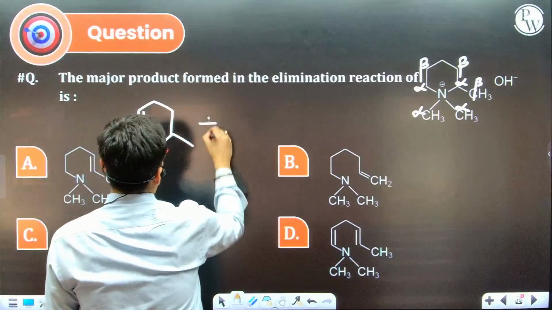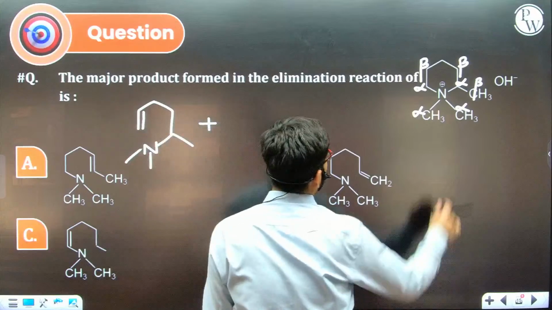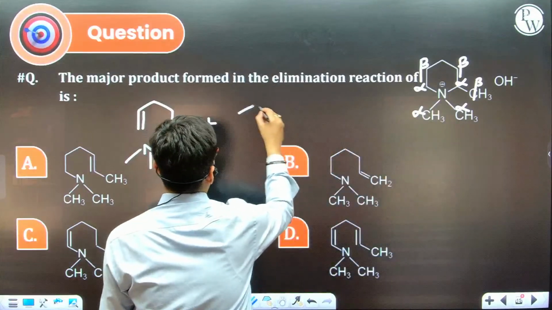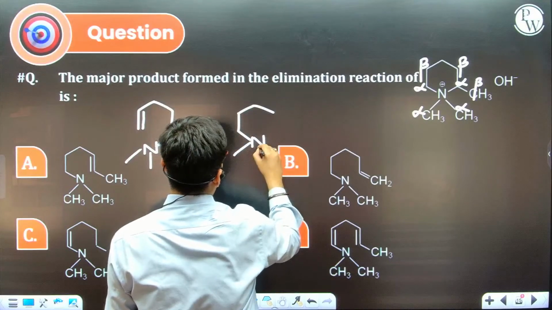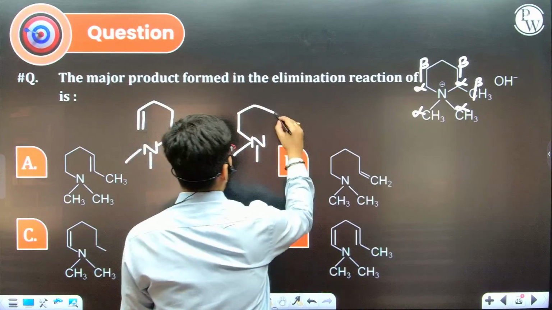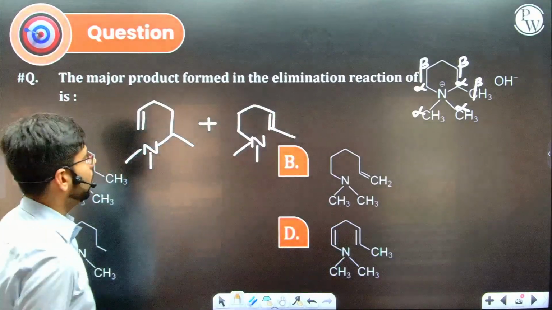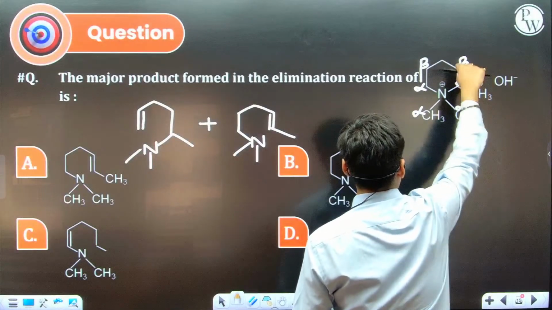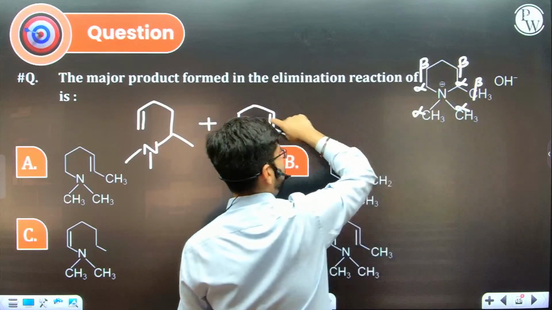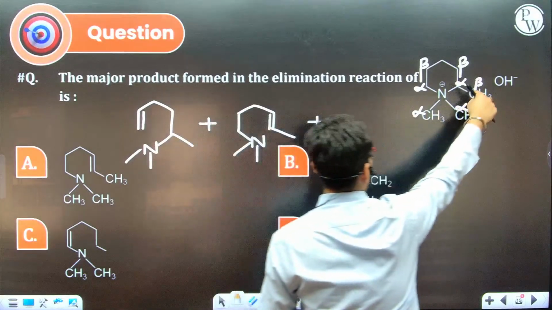Okay, what about the other product? Again, beta. From beta, I have to remove. Remember, we have to remove only one beta hydrogen at a time. So this is another product. I have removed this hydrogen atom. So double bond is appearing between alpha and beta, right? Then next one. There is another product obtained because I have this beta carbon as well.